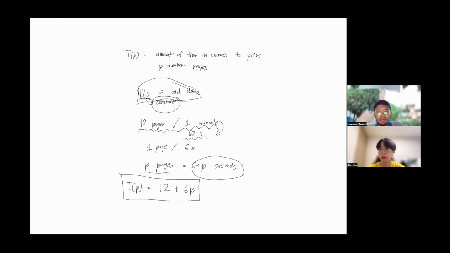Then, because we need to know how many pages P, we first need to know how long it takes for one page to be printed. Then to find P pages, you just multiply by P, so it'll be 6P seconds. Everything added up here will be 12 plus 6P seconds in order to print P pages. Any questions for this one?